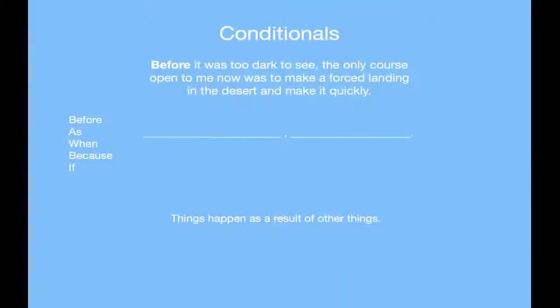So think about that sentence in those two ways, and begin that sentence with before, as, when, because, if. These are our subordinating words. And by all means, go over this video again and make sure that you're using these subordinating words.